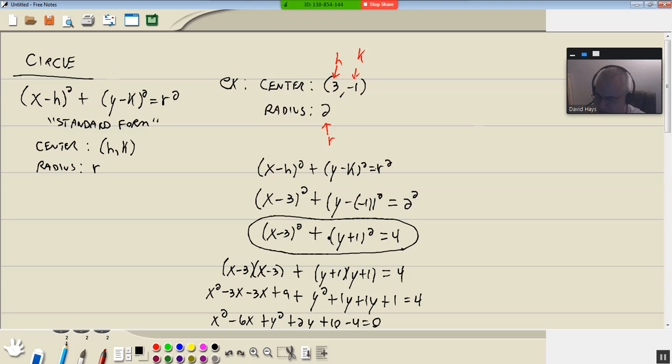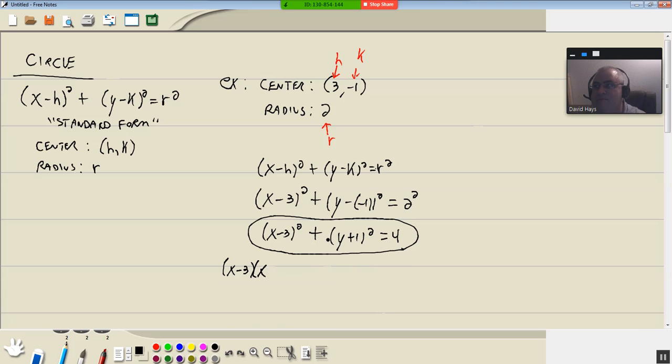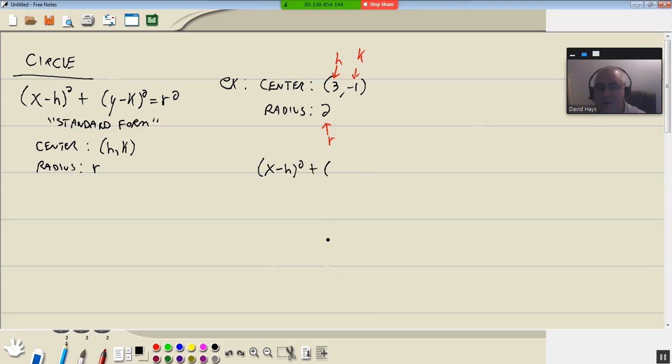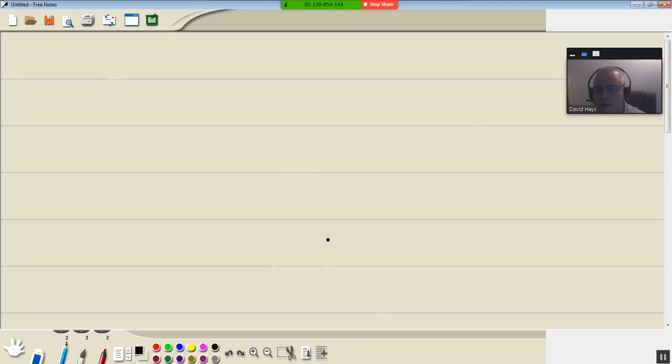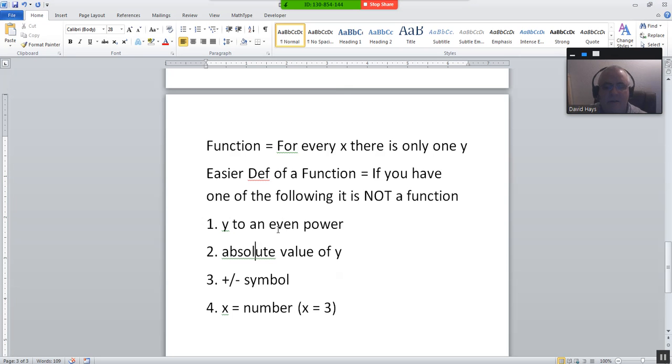So how you'd use this, let me clear this off. They're yes or no questions. If I had y is equal to 3x minus 1. Well, we don't have y to an even power.